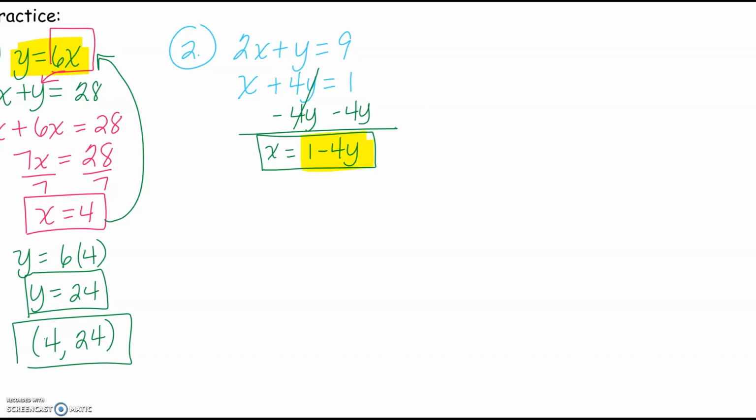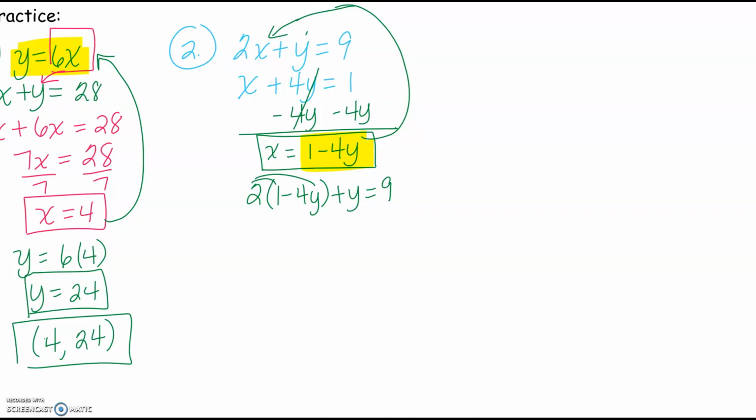So in the top equation, wherever there is an x, I will replace it with 1 minus 4y. So I'm going to rewrite the top equation, and I have 2, but instead of x, I'm putting times (1 minus 4y) plus y equals 9.